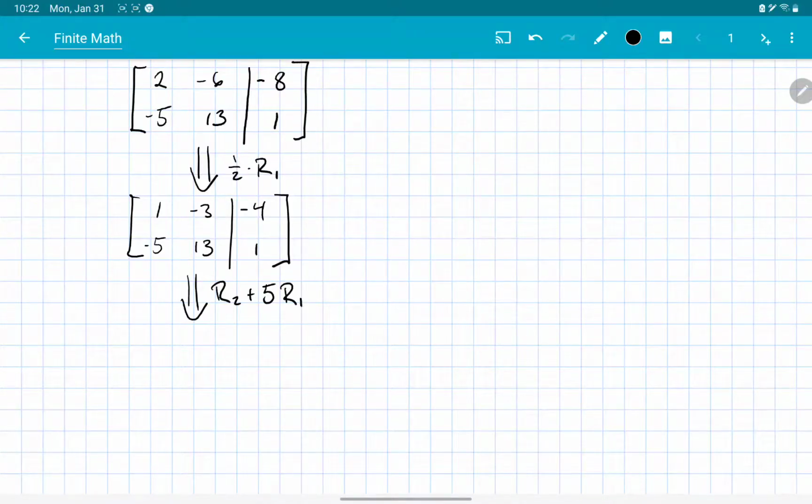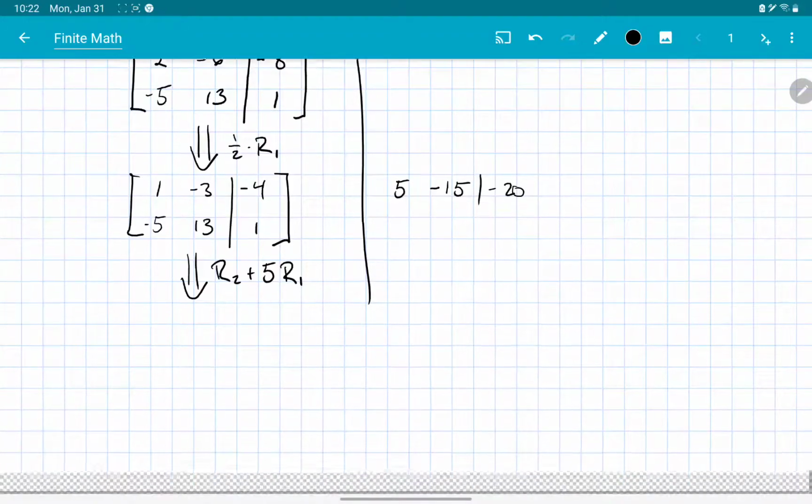So this is row 2 plus 5 times row 1. On the side here, I'm going to write what 5 times row 1 is. It is 5, negative 15, and negative 20. Now I'm not writing down the x's and y's anymore. I just want to write that down so that I don't make a mistake in doing this addition here.